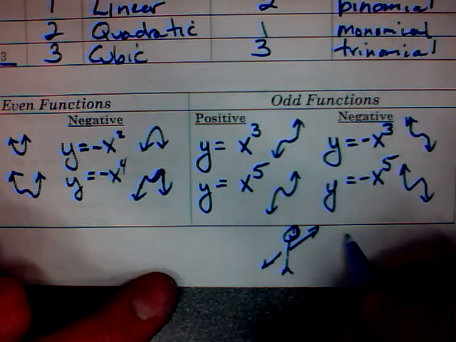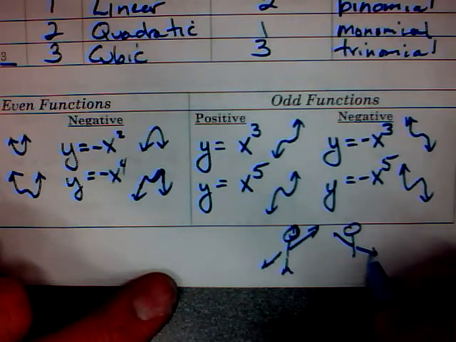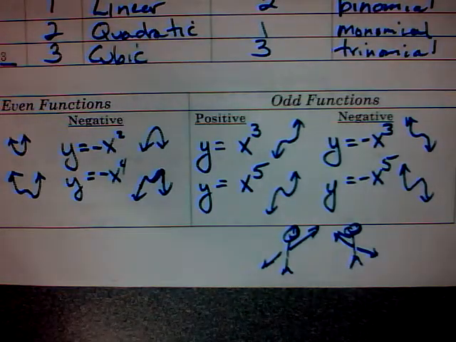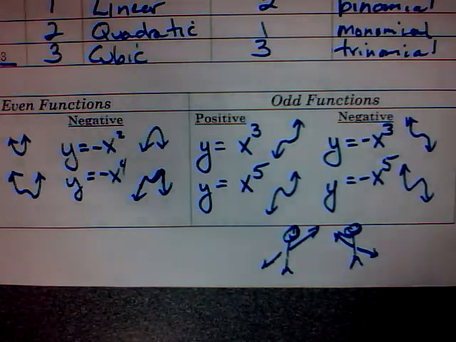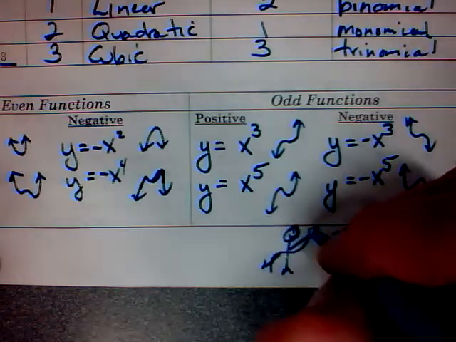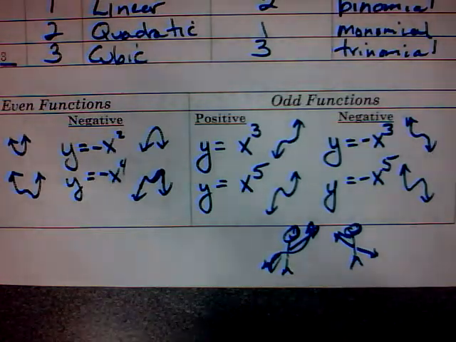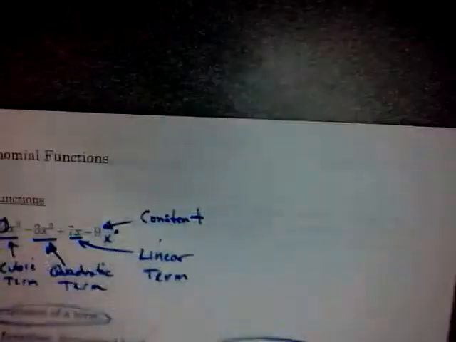Either they danced like that or they danced like this, with their arms going up and down in opposite directions. Okay, so their arms kind of followed the path of the odd functions, and in the 70s everybody was odd.